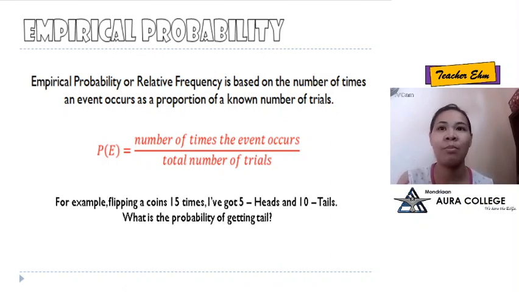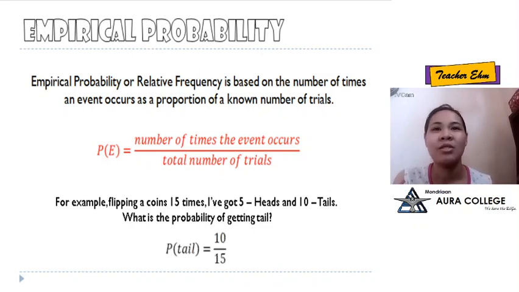So, for example, flipping a coin 15 times, I've got 5 heads and 10 tails. What is the probability of getting tails? So, number of times the event occurs, 10 beses lumabas si tail, at total number of trials, 15 times. So, the probability of getting tail is equal to 10 over 15.